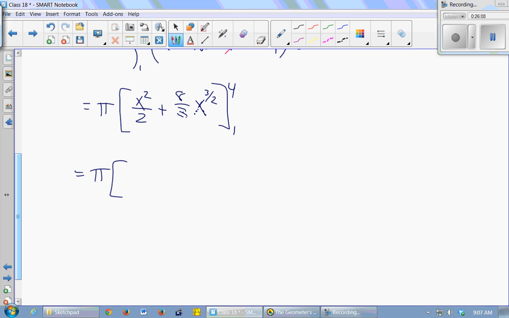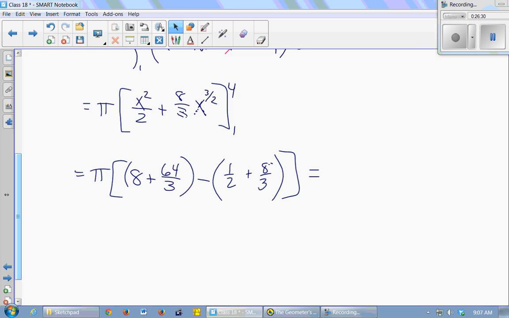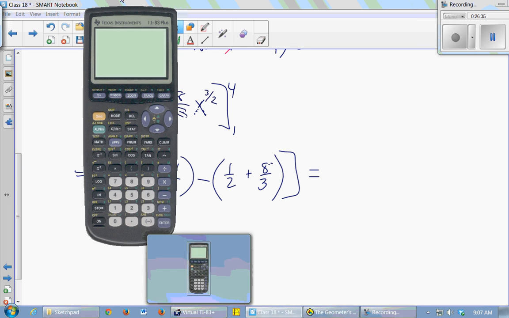Okay, so if I plug in 4, I get 16 over 2 is 8, plus 4 to the 3/2 is 2 cubed is 8, so 64/3. And then I plug in a 1 and I get 1/2 plus 8/3. I'm not in the right frame of mind to do this in my head right now.